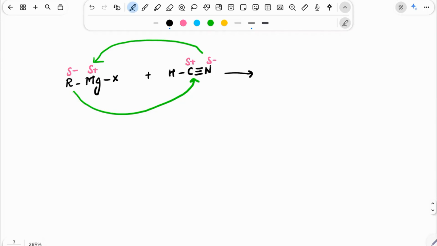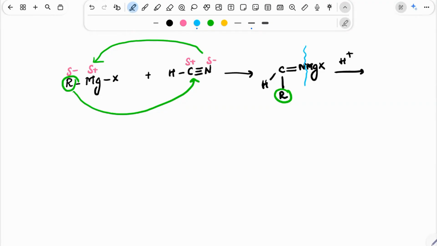Same way, negative attacks positive. R combines with carbon, and a new carbon-carbon bond forms. So how can I write the adduct? C double bond N. Remember, the triple bond becomes a double bond, and with the N, I am including MgX. And here already one H is there, and from the Grignard reagent we are getting the R.